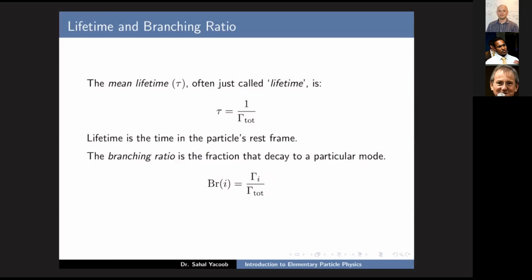So this would be, for example, gamma J psi to ee divided by the sum over i of gamma i for all J psi decays. And this just tells us the relative sizes of the different decay channels of a particle.